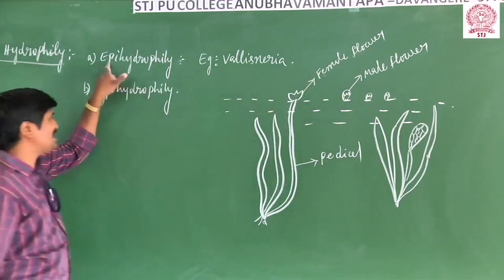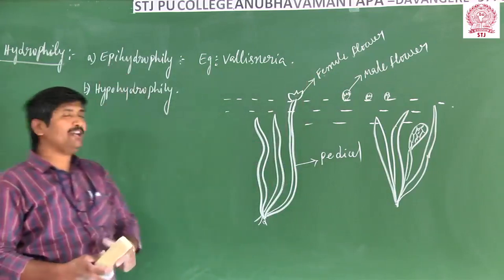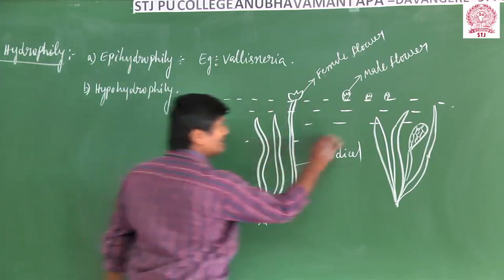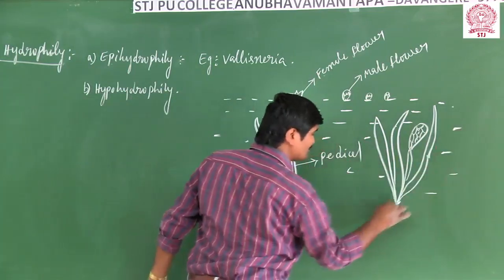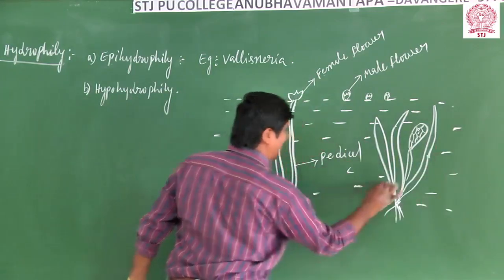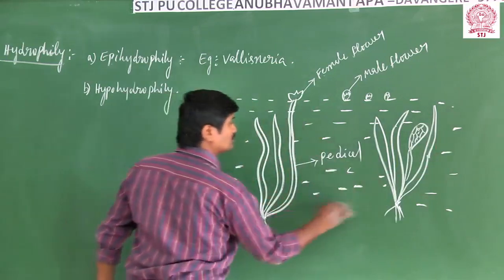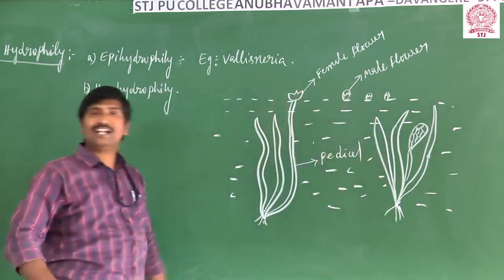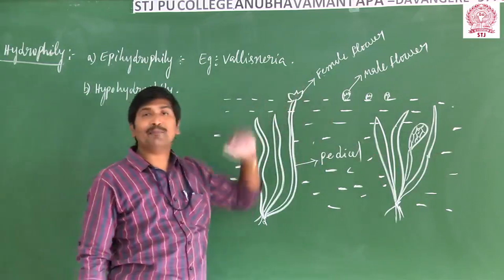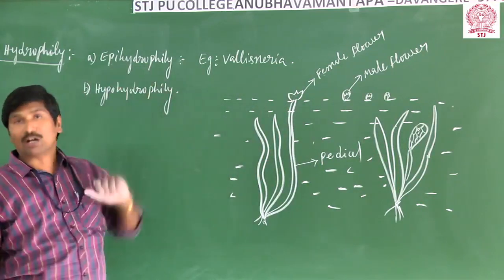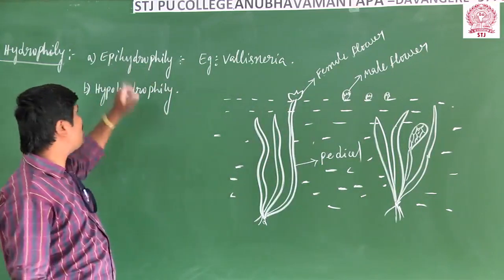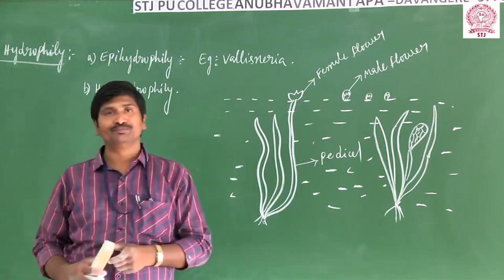This type of pollination is known as the epihydrophily. These are dioecious plants. The pollination takes place on the upper surface of the water, that is known as the epihydrophily.